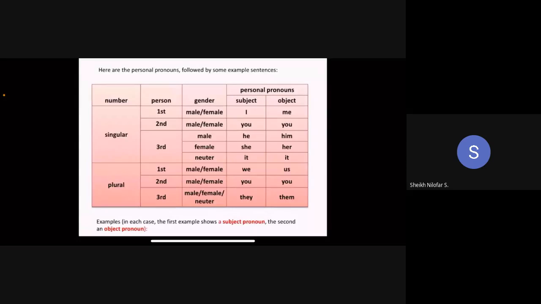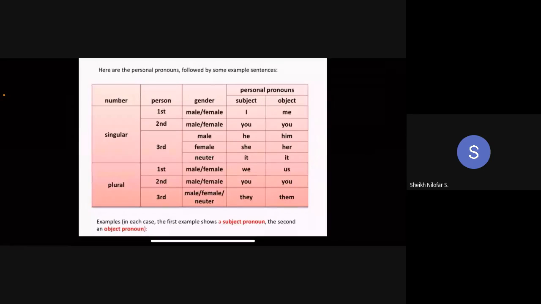Number, person, gender, personal pronoun. Subject, object. First person: I, object me. Second person: you, object you. Third person male: he, object him. Female: she, object her.